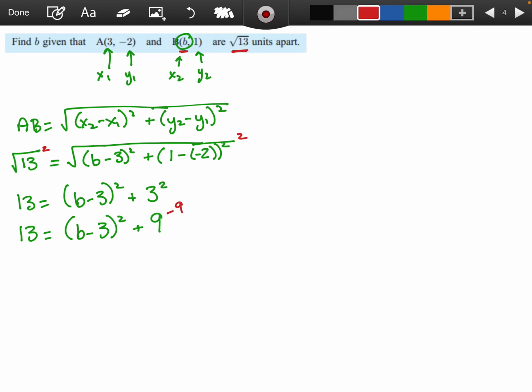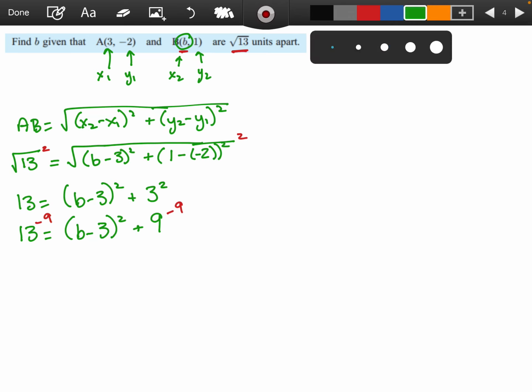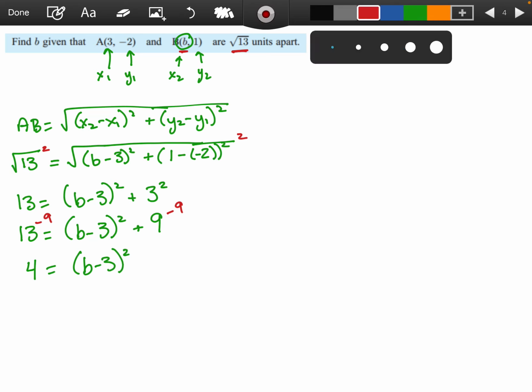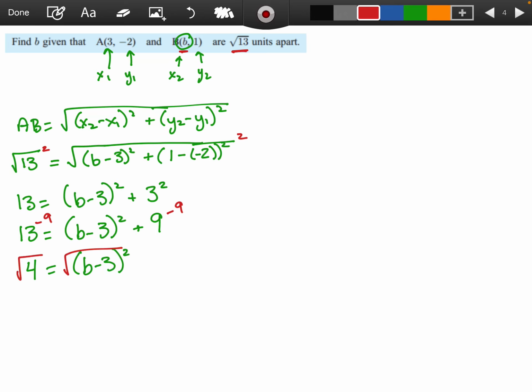Now I'm going to subtract 9 from both sides. So I've got 4 equals b minus 3 squared. So at this point I want to get rid of that squared, so I'm going to square root both sides. And this is where things get interesting. When you take the square root of something, you could have a positive or you could have a negative.